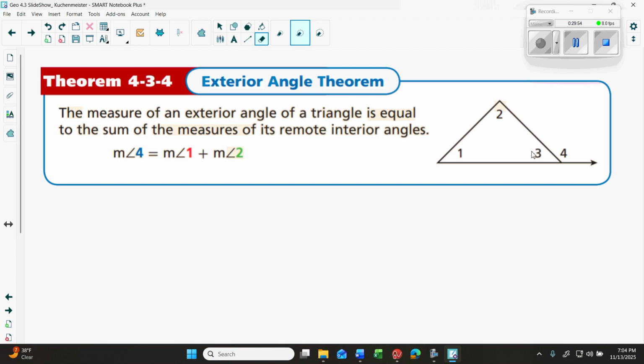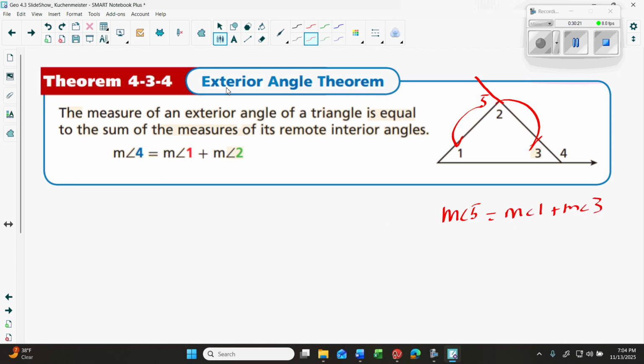What this proof says is this angle here, 4, equals the sum of 1 plus 2. And we can do that for any triangle, right? Again, if I extend this one, we'll call this angle 5. The two remote interior angles to 5 are 1 and 3. So I could say the measure of 5 equals the measure of 1 plus the measure of 3. It works the same way.